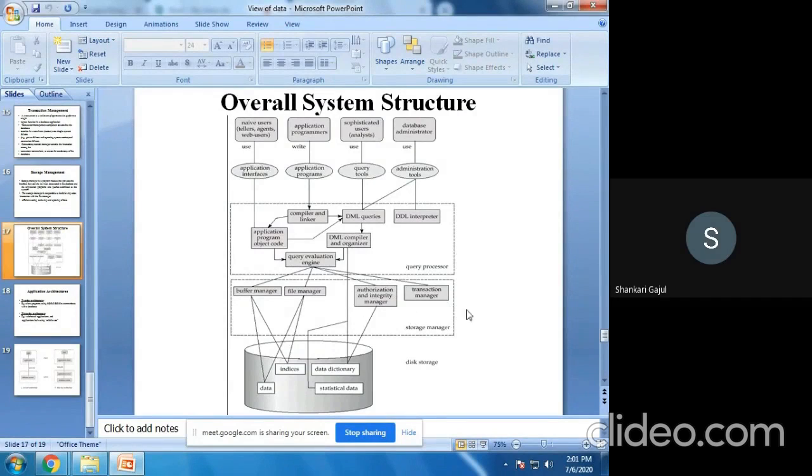Below that, the storage manager is present, and below that, on the lowest level, the disk storage is present, where the actual data is stored in the database. So the database structure is divided into 4 modules: database users, query processor, storage manager and the disk storage.